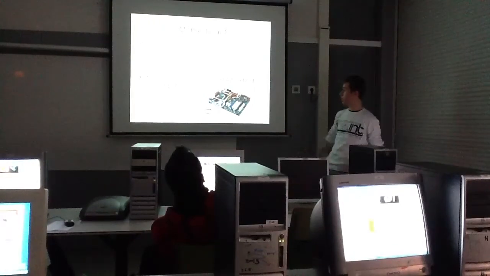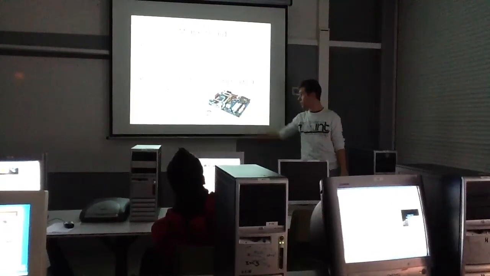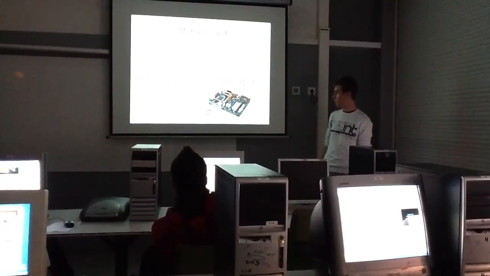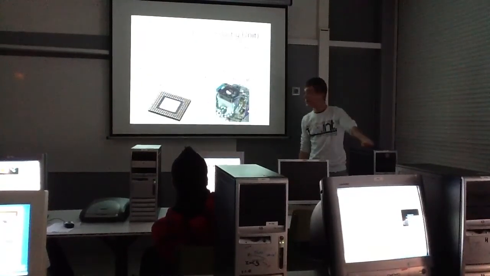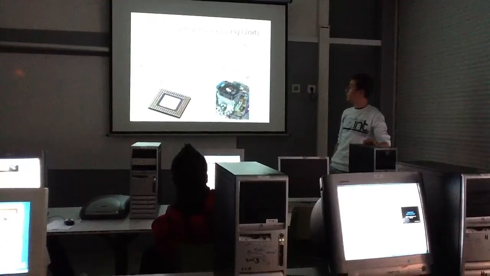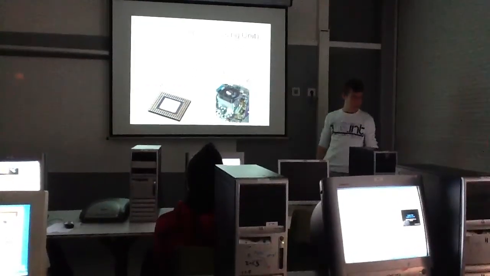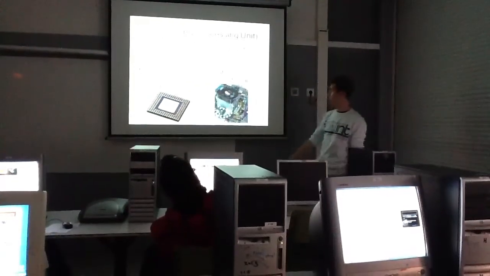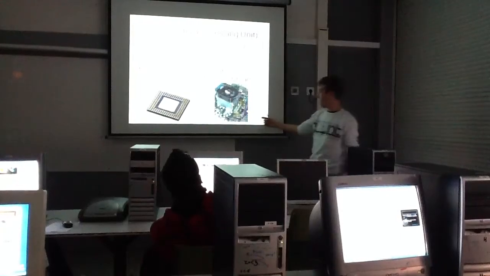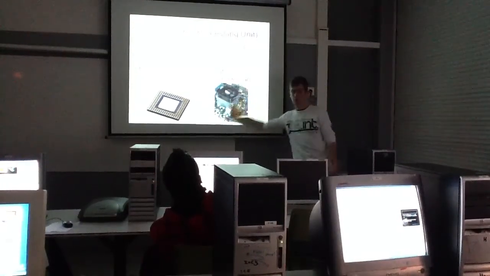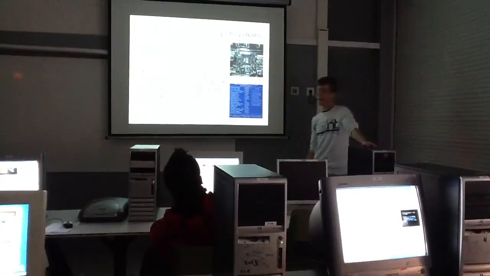The other important parts of the computer are held in these sockets, and it is the largest circuit that holds all the components together. The CPU is like a brain, it controls all the functions of the PC. It determines how fast it can operate. Here you can see a CPU, a microprocessor, and over the CPU on the motherboard there's a fan because it generates a lot of heat.